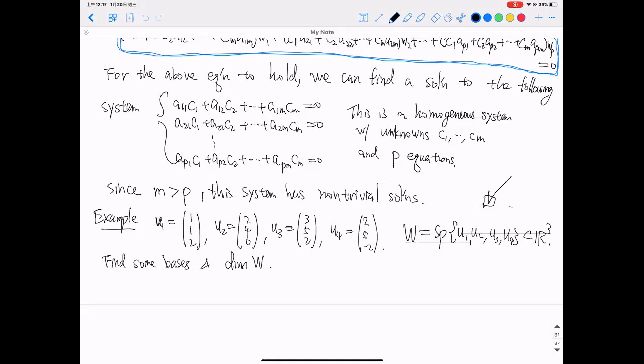One of the ways of finding bases that we discussed before is to look at U1 through U4, find linear relations among them, and use those relations to drop vectors. Another way would be to interpret W as the row space of some matrix, and then use row operations to reduce to echelon form.